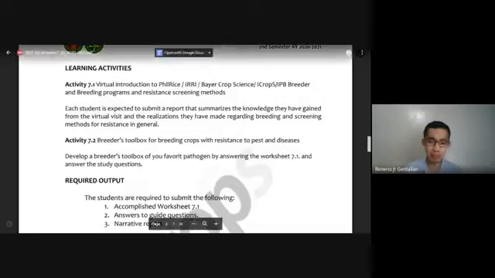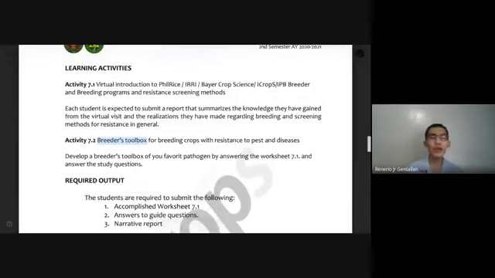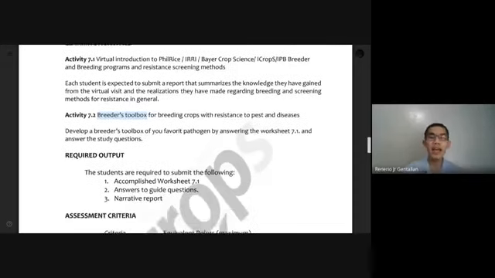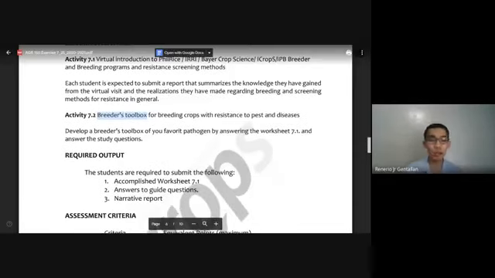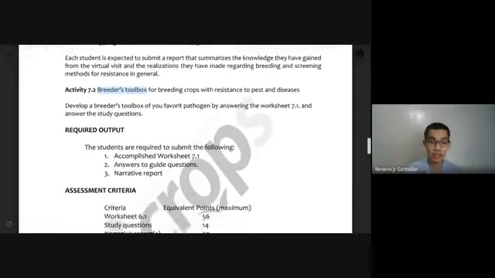So then in activity 7.2, you'll create a breeder's toolbox, which is a set of questions that you would need to develop and answer. Okay, and this could help you eventually in the decision process of which breeding method to choose, and how to approach breeding for abiotic and biotic stress, by answering worksheet 7.1 and of course the study questions.